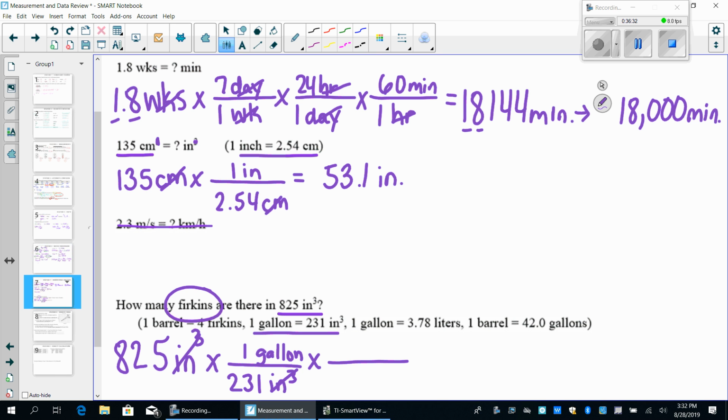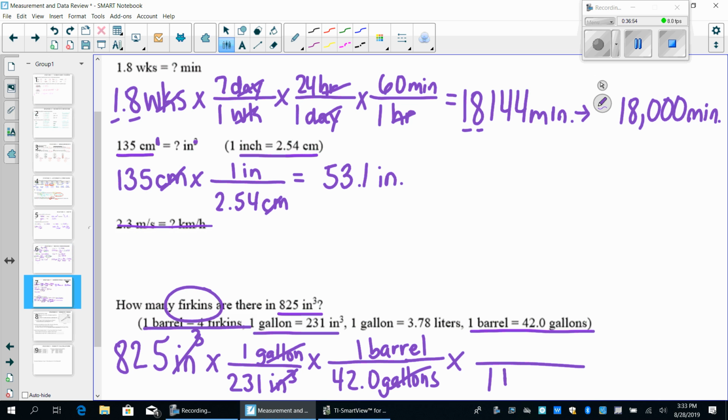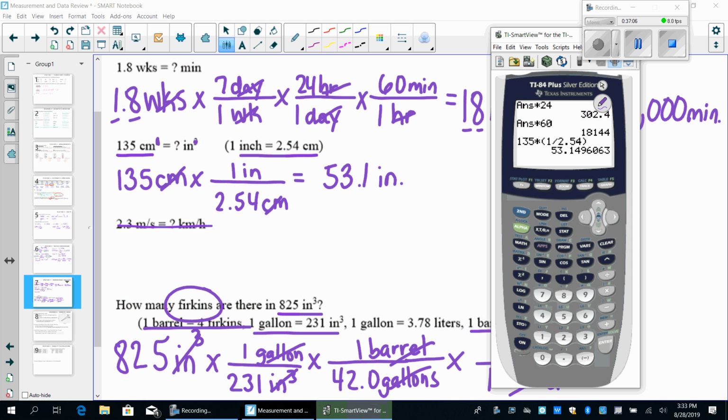Now, to get to firkins, I want to go from gallons to barrels. And you're setting it up so these can cancel out. And in the end, in 1 barrel, there's 4 firkins. And once that cancels out, you just pull up your calculator.